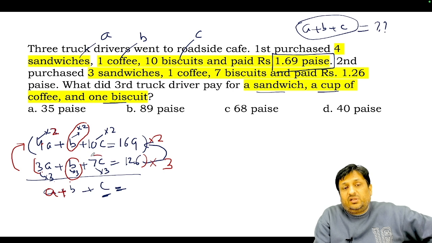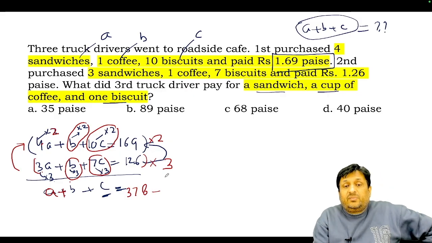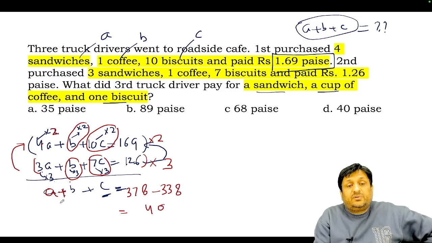And then 21c minus 20c, I will again be left with c. And on the right side, 126 multiplied by 3 is 360 plus 18, 378, minus 169 multiplied by 2, that will be 340 minus 2, 338. So I am getting this value as 40. So A plus B plus C comes out as 40 as my answer.